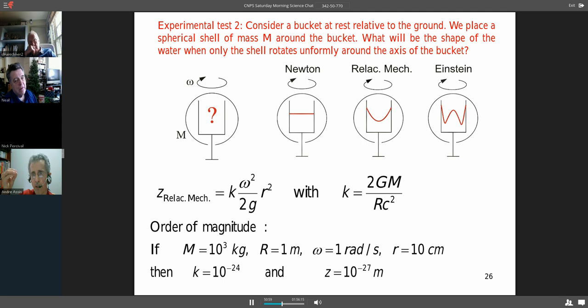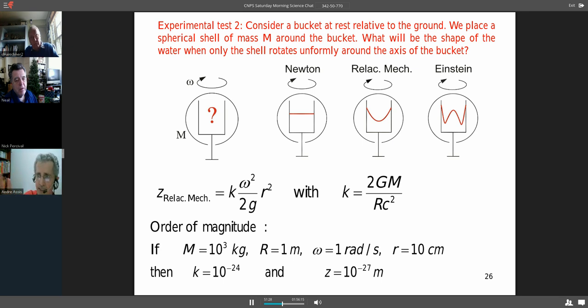According to Newton, his theorem 30 in the Principia, the spinning shell exerts no force inside, so the water will remain flat. According to Einstein, on the right side of slide 26, there is this force calculated by Thirring, 1921. There will be a centrifugal force, which will create a parabolic shape.